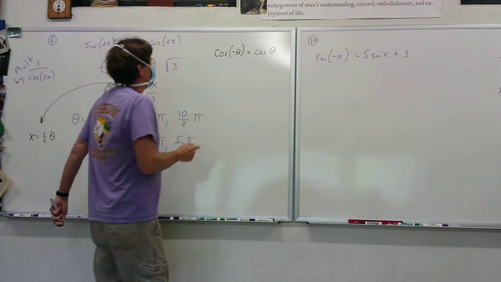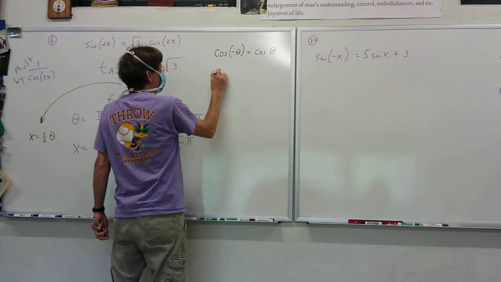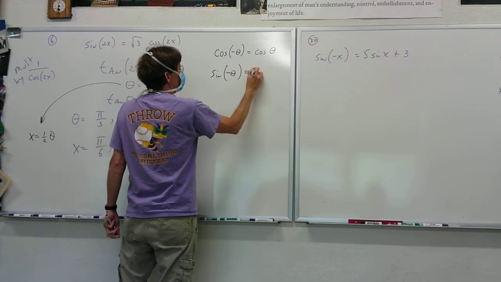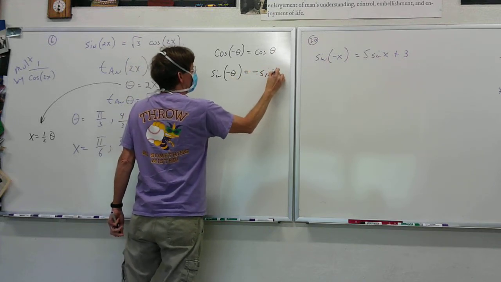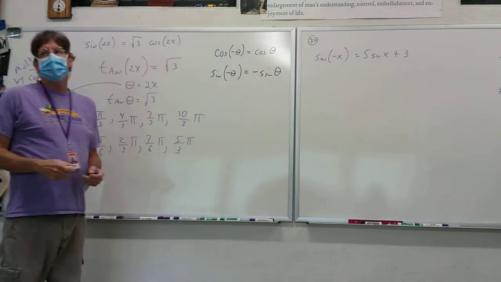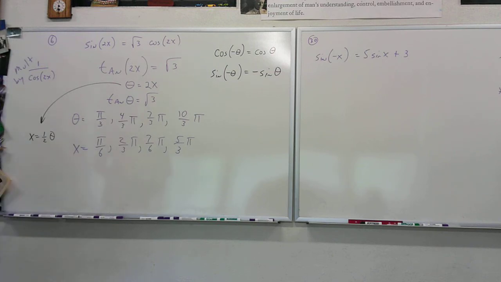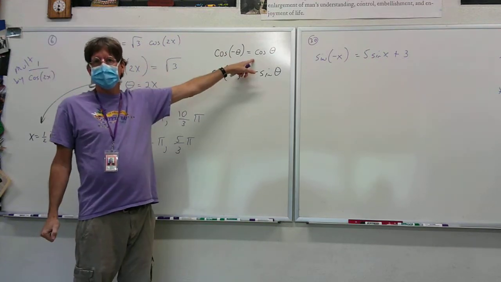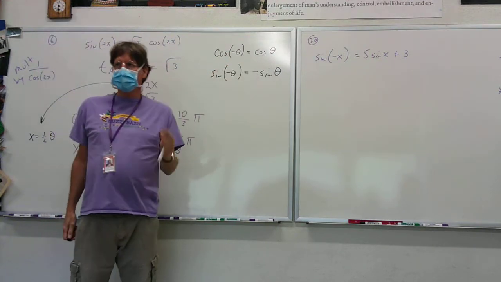Now, the sine of negative theta equals the negative of the sine of a positive theta. Somebody says, do you factor that negative sign out? No, no, no. Because if you were factoring the negative sign out, this one would be negative 2, wouldn't it? It is just a trig identity.